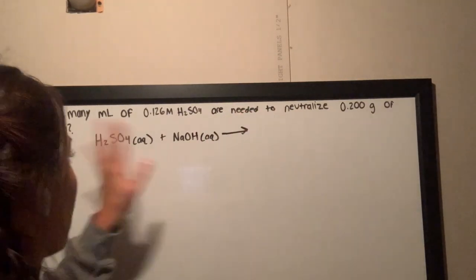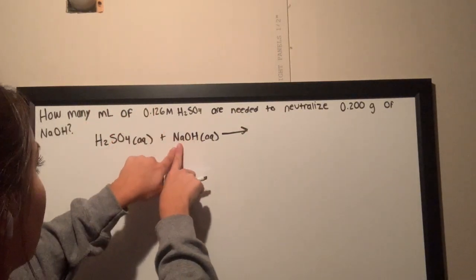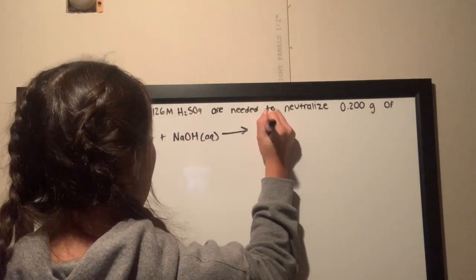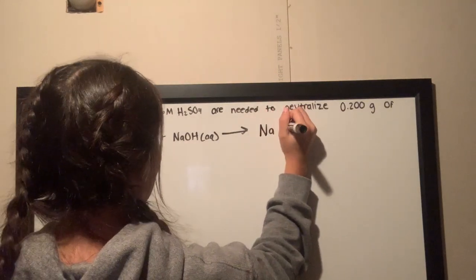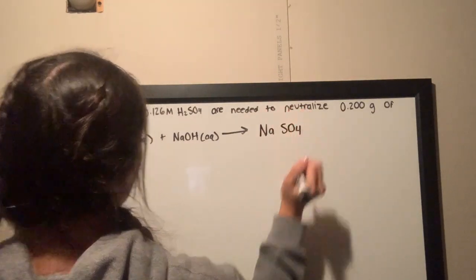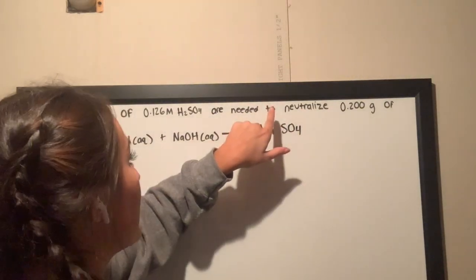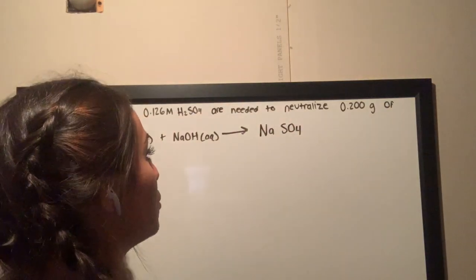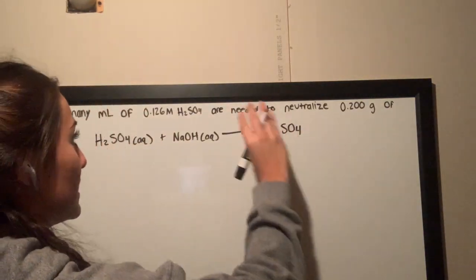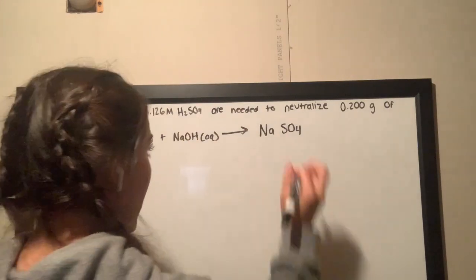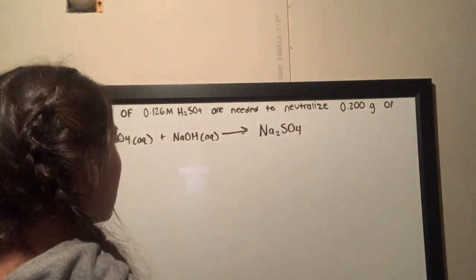Alright, so it's a double replacement reaction. So remember that the Na is going to go with the SO4, but we have to remember that sodium is a +1 element and SO4, sulfate, is 2-, so in order to keep this at 0, like electrically neutral, as all compounds should be, we're going to have 2 sodiums.